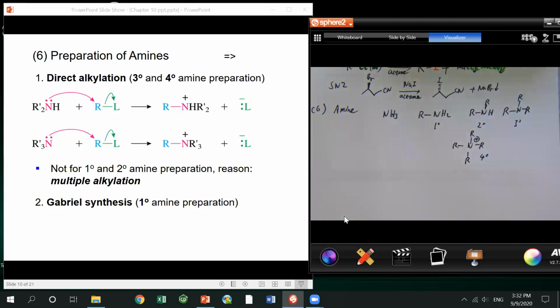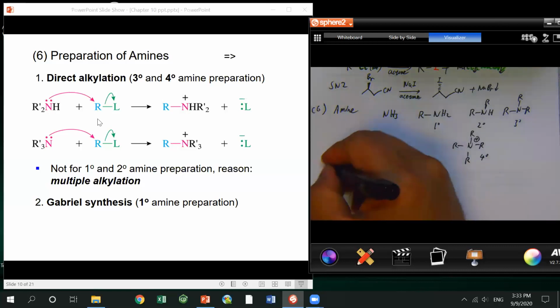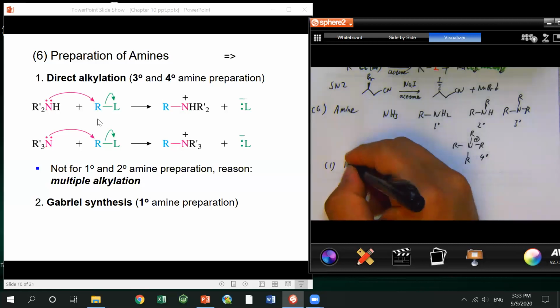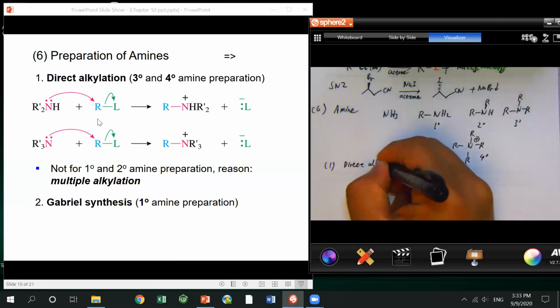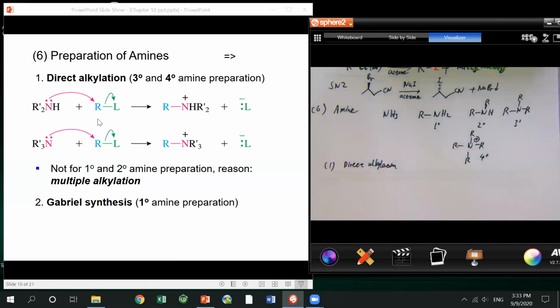Now we start to learn how to do amine formation by SN2 or SN1 reactions. First, amine itself is a good nucleophile and easy for SN2 reactions. The only problem is that if you directly do the SN2 reaction, it may get messed up. That's also shown here: direct alkylation, the first way to prepare amines.